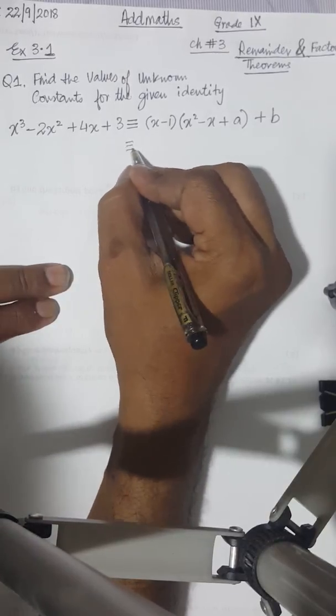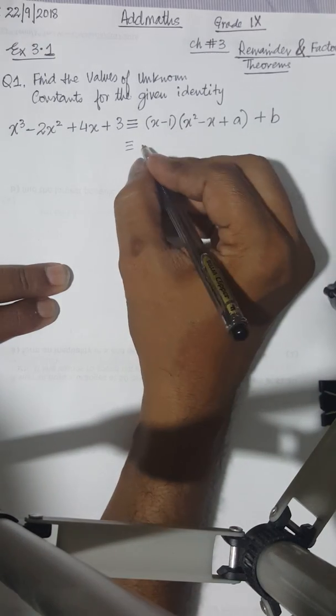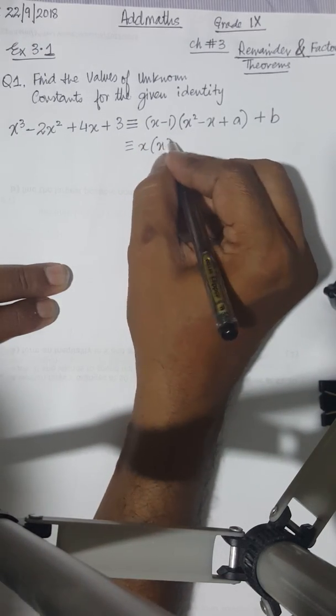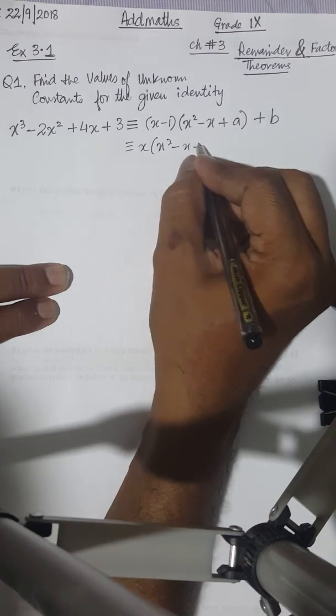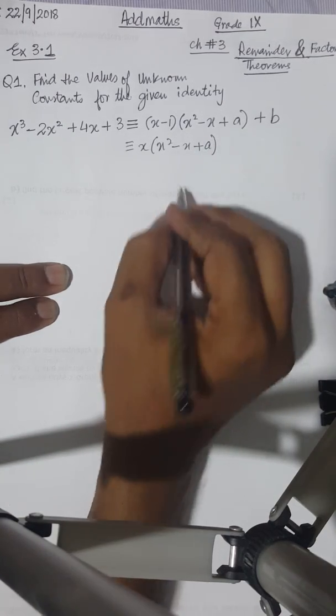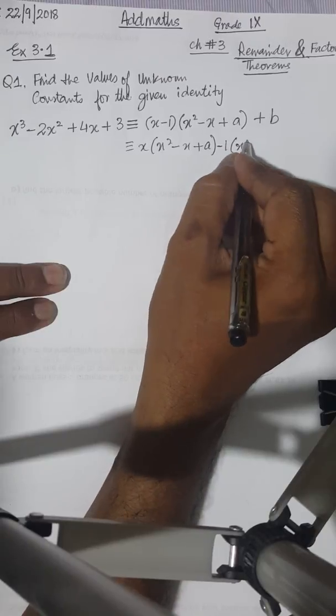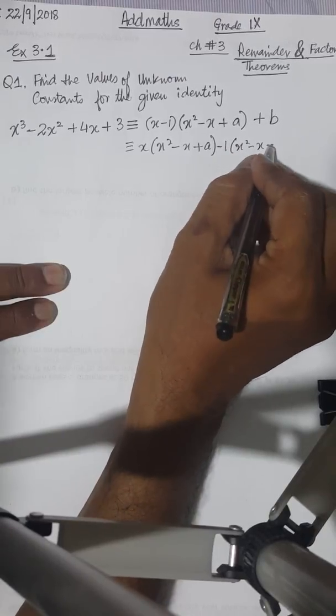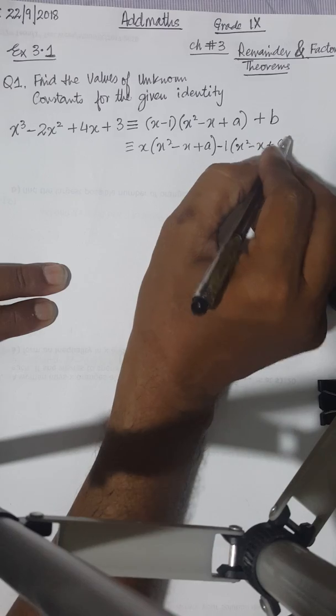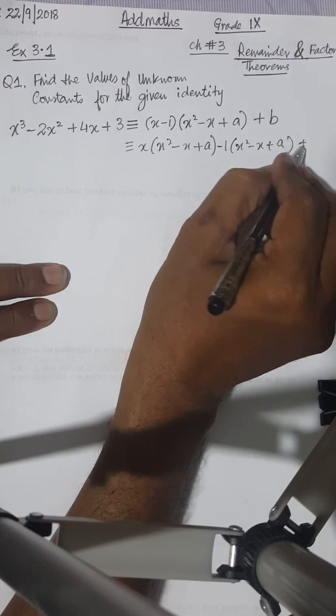So the right hand side, x multiplied by this bracket, x square minus x plus a, and then minus 1 multiplied by x square minus x plus a, and we have plus b in the end.